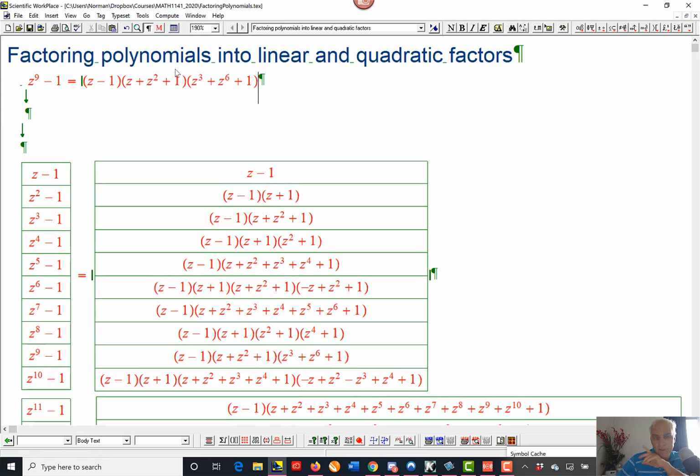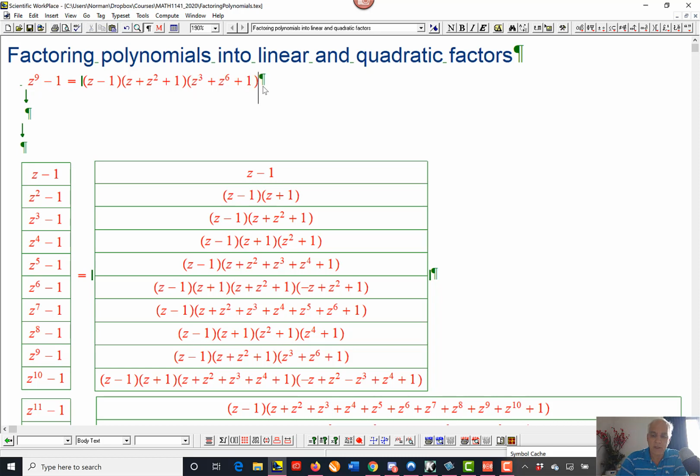Now, according to the theorem I just told you, this actually does factor into a product of linear and quadratic factors. Now, this is already a linear factor, and this is already a quadratic factor. This linear factor corresponds to the zero which is 1, and this quadratic factor corresponds to the other third roots of unity. So these other 6 zeros here, which are spread around the unit circle, correspond to this factor.